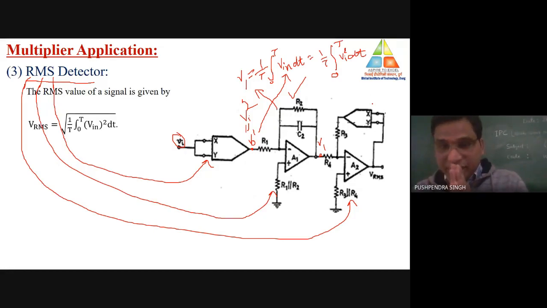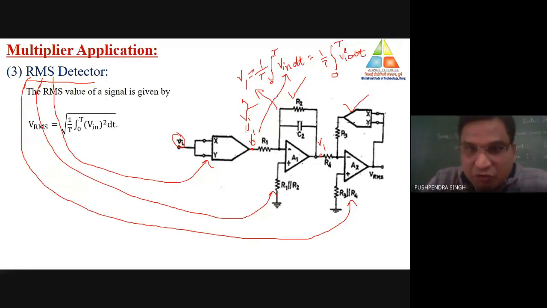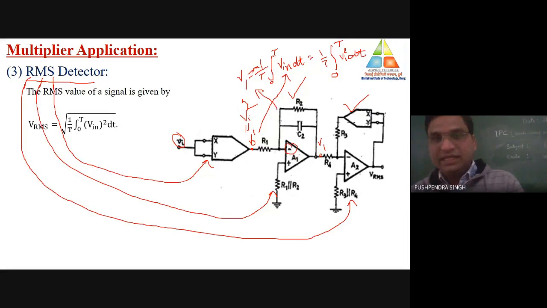The value of input to the square rooting circuit must be negative. The last circuit is the square rooting circuit. What is the output of the integrator? The integrator is connected to the inverting terminal of the operational amplifier. So the output of this integrator is minus. So minus 1 by T, integration from 0 to T, Vin into dt. So here same as negative.